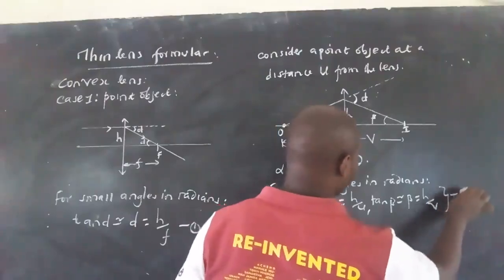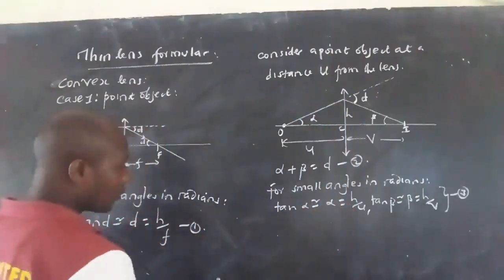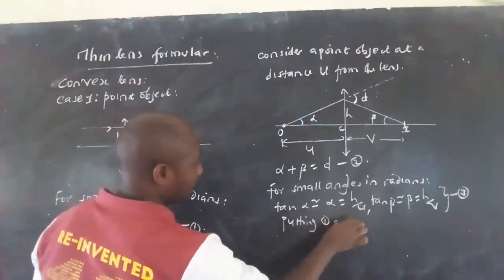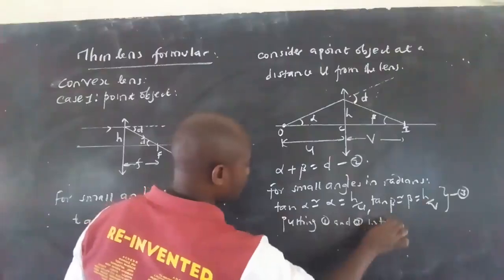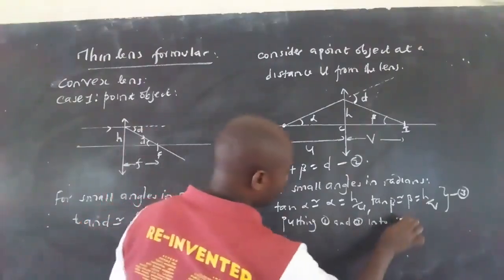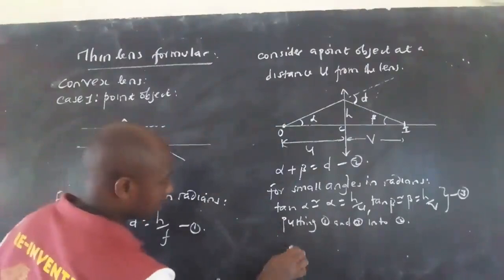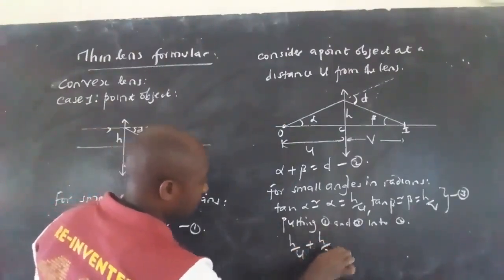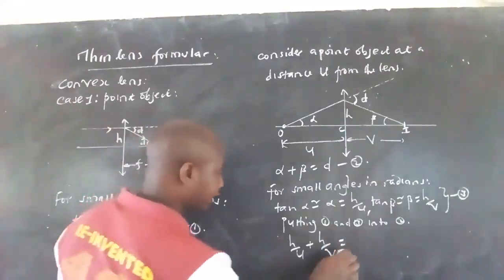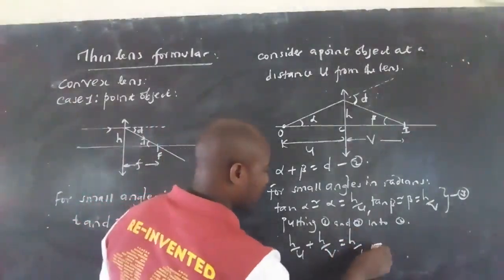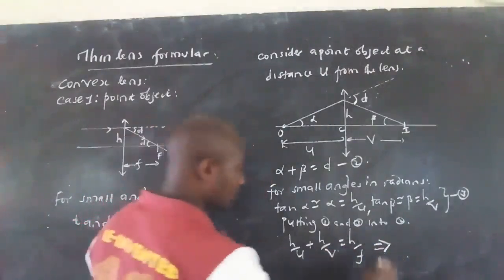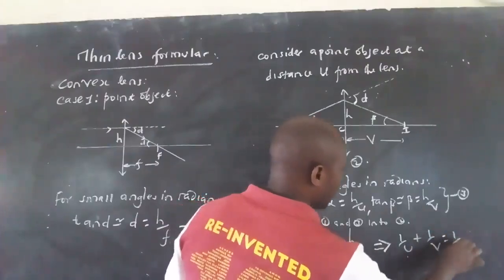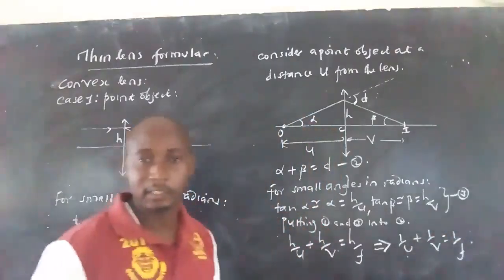So this is equation 3. So we put 1 and 3 into 2. So alpha is h over u plus h over v, which should give us h over f, which now gives us 1 over u plus 1 over v equals 1 over f. Very important equation.